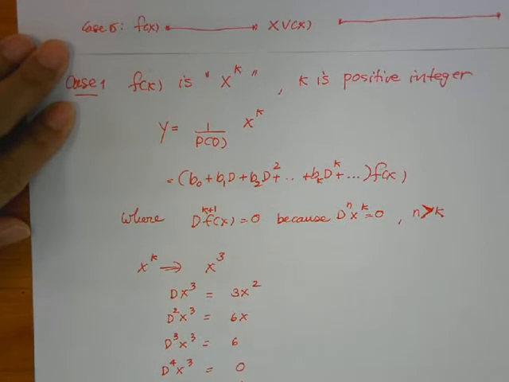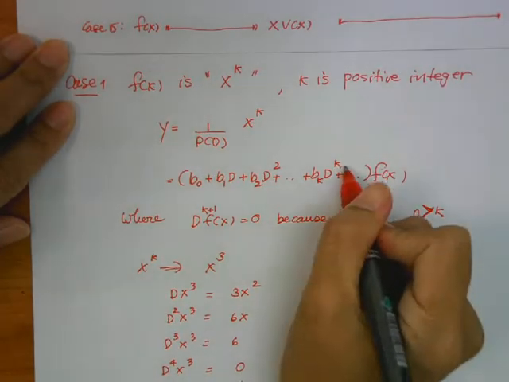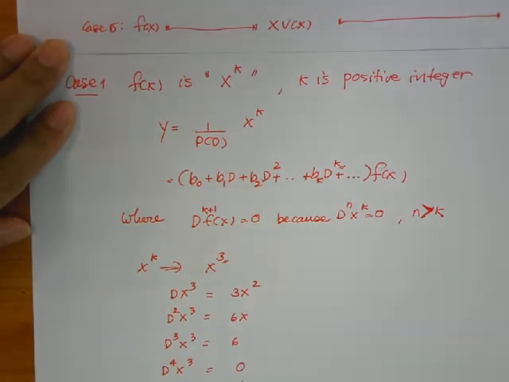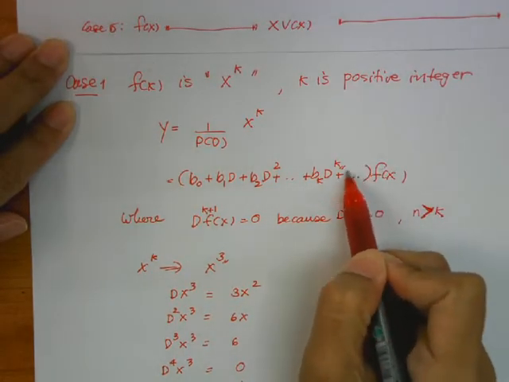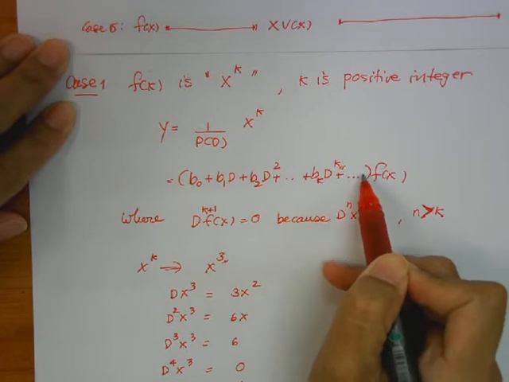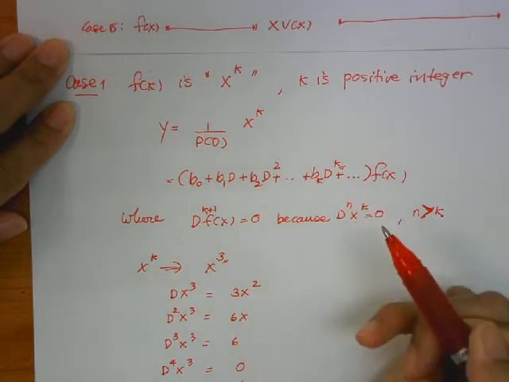Now, if your k is equal to 3, any time that you differentiate more than the third time, they all become 0. So that means the rest of the terms right here will become 0, right?